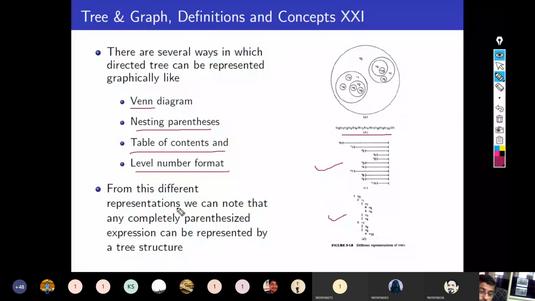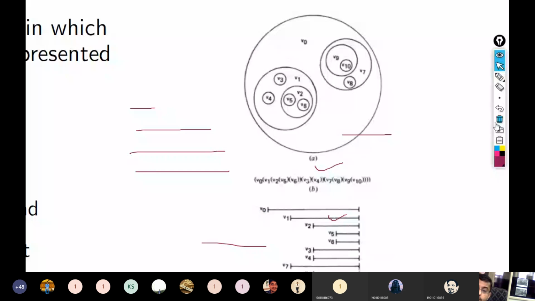From these different representations, we can note that any completely parenthesized expression can be represented by a tree structure, right? So let me make it big. Here this is a tree. So what is V0? Can you tell me what is V0?